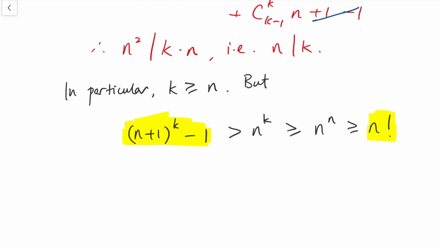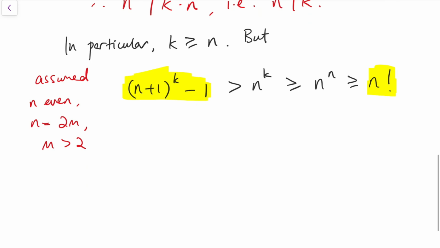And we've actually assumed that n is even, n equals 2m, and m has to be larger than 2. And of course we know that n plus 1 is a prime number.